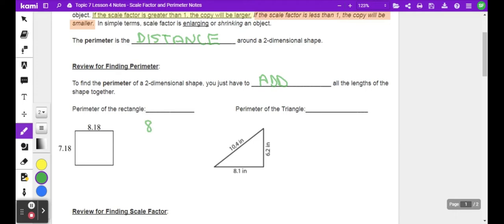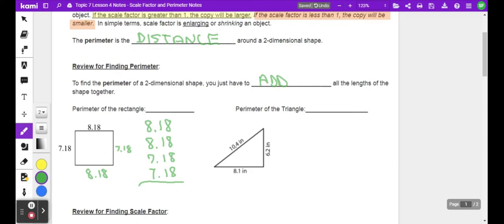So I'm going to have 8.18, 8.18. Again, the top of a rectangle and the bottom of a rectangle are going to be the same length. That's why I'm going to have 2 of those. And then I'm going to have 7.18, and another 7.18. If the left side of the rectangle is 7.18, that means that the right side is also 7.18, and I have the 4 sides that I need to add up to get my perimeter.